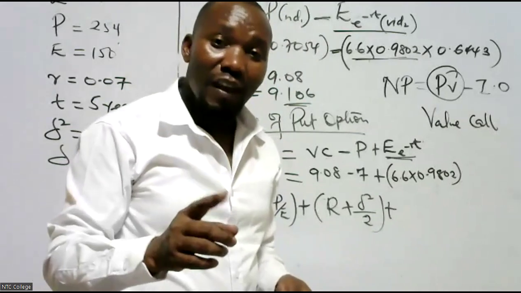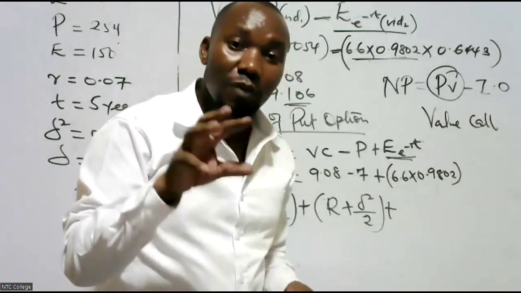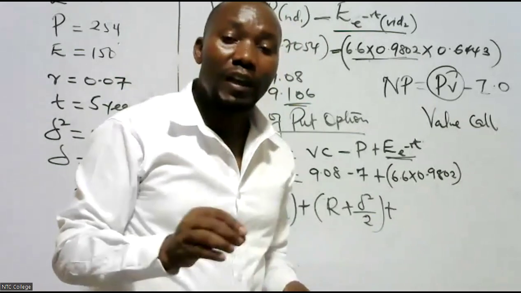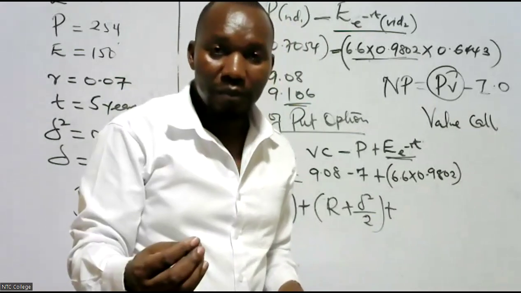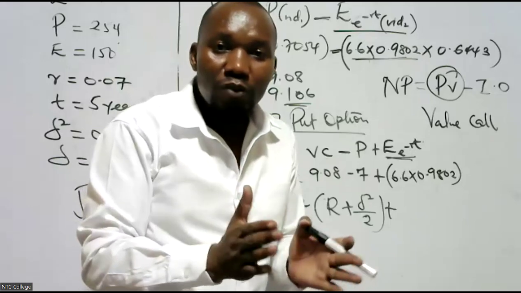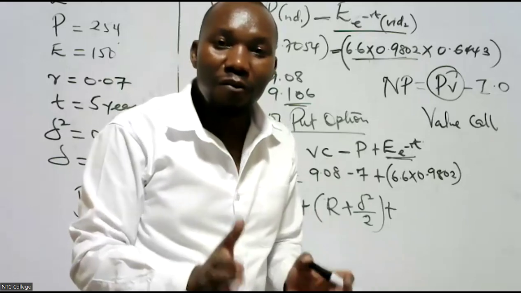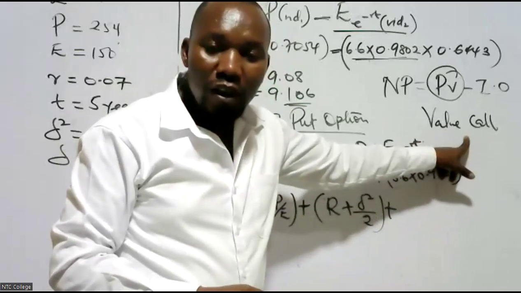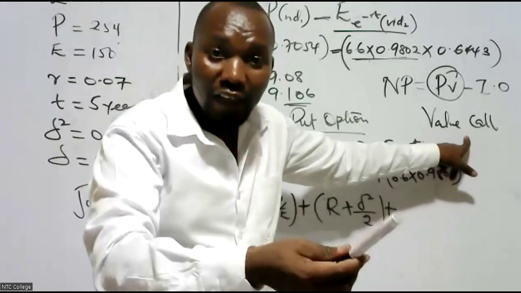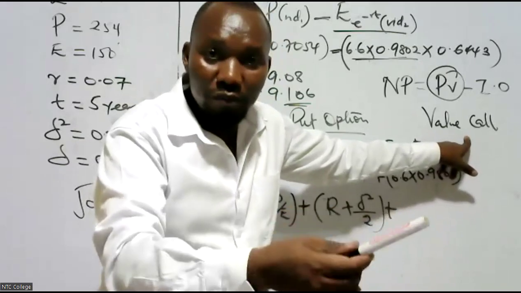So if this person wants to abandon, then we are calculating the value of put. If you want to expand, then you calculate the value of call. In this case, we don't calculate the value of call because he is the seller, he is abandoning. So that is put.